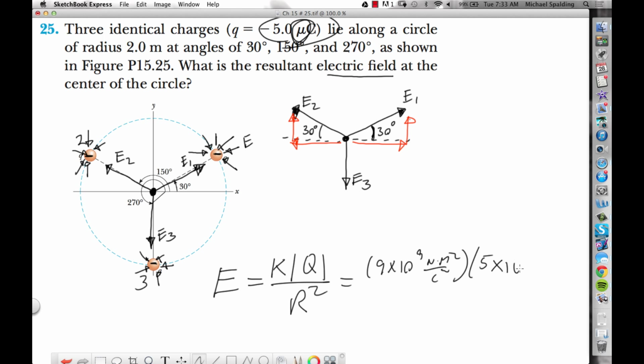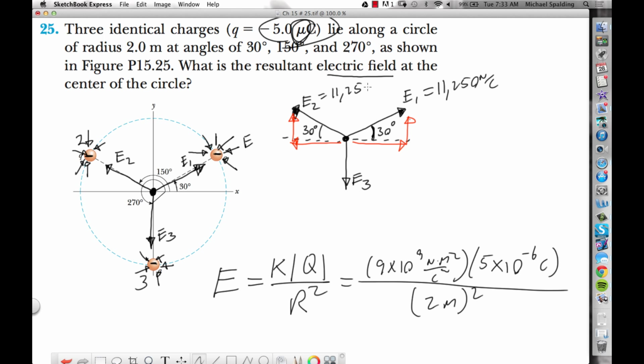So 5 times 10 to the negative 6 coulombs, and then r is 2 meters, squared. So this comes out as 11,250. They're all 11,250.